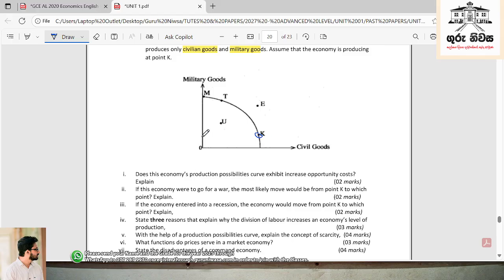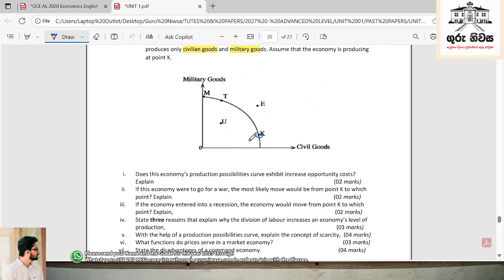Now economy is operating at point K. The question says that if this economy moved to a war, for example the Russia-Ukraine war, the most likely move would be from point K to which point?